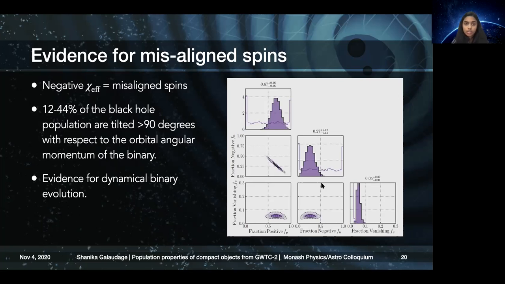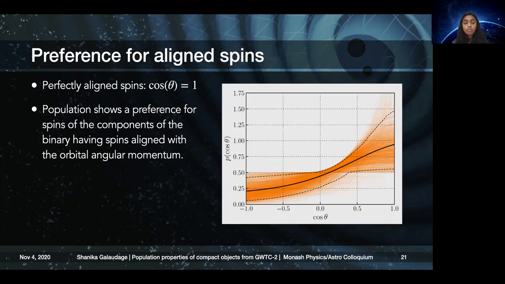So we do have evidence for misaligned spins, but we also have a preference for aligned spins. If we look at our population, here on the right I have the probability distribution of cos theta, and you'll see that the majority of the distribution, the highest probability, is at 1, which equals perfect alignment.